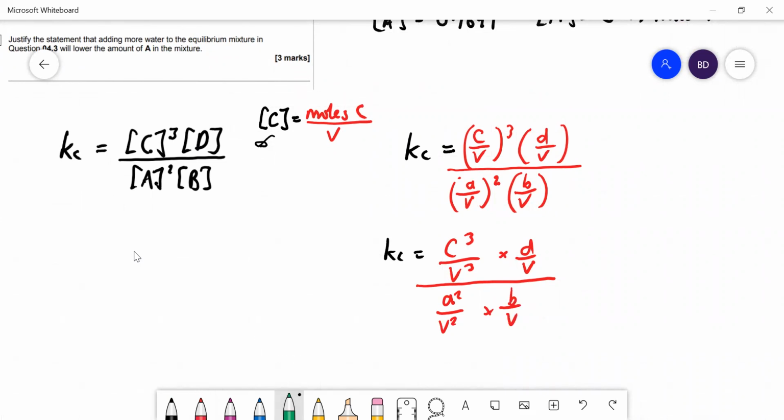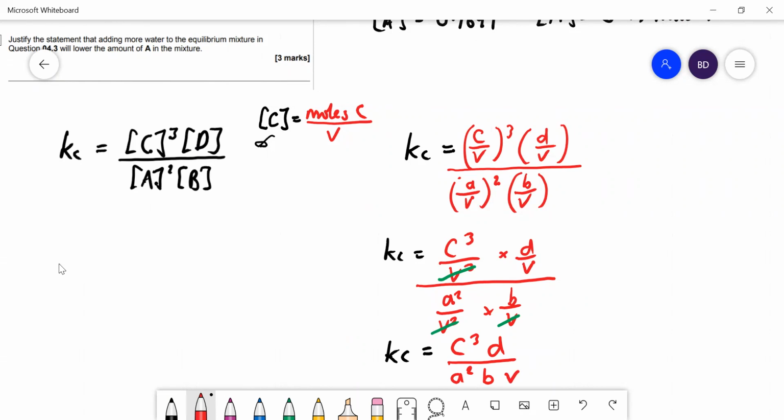So I am going to get rid of the 3 V terms on the bottom, and that means I've just got 1 V there. So if I rewrite that, I get Kc is equal to C cubed, that's the moles of C, D, divided by A squared B multiplied by V, where V is the volume.